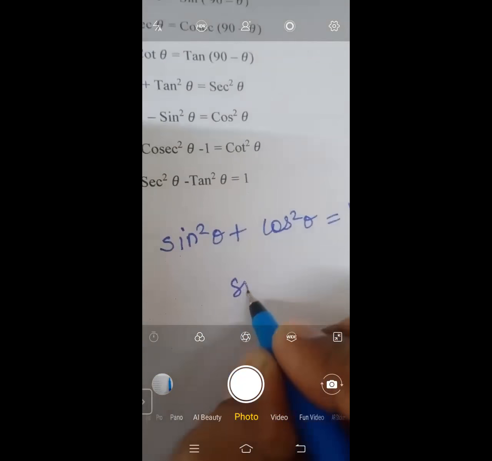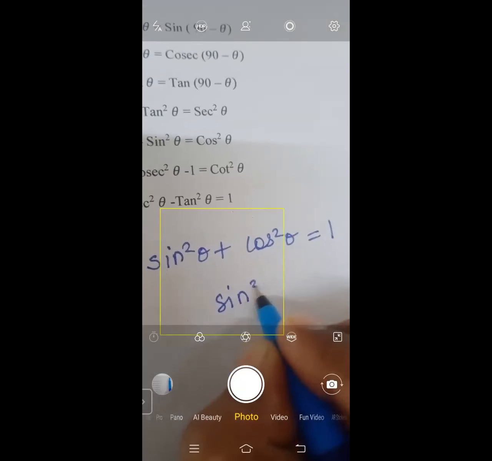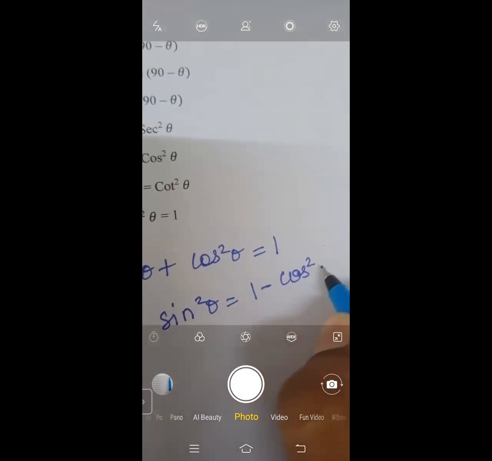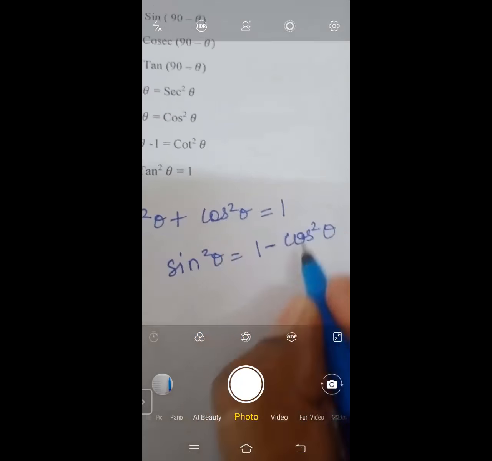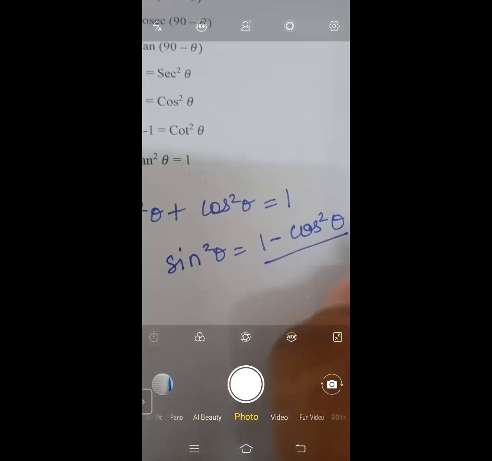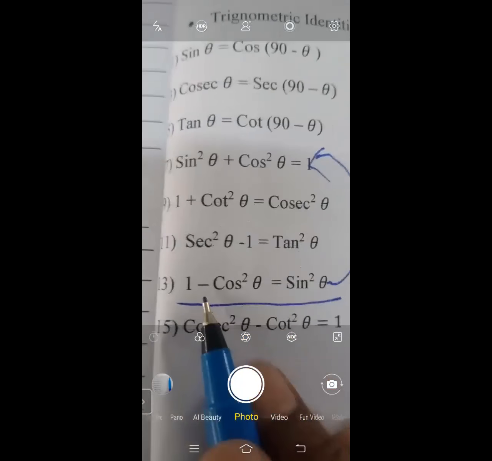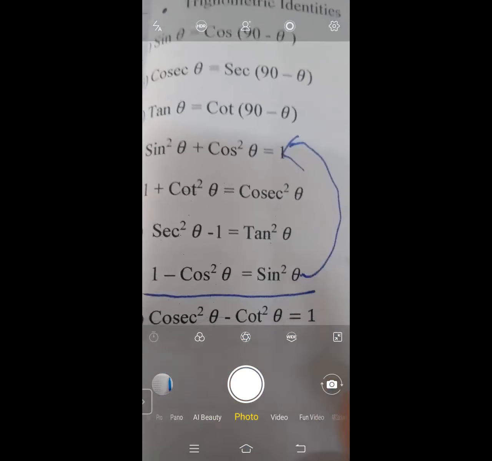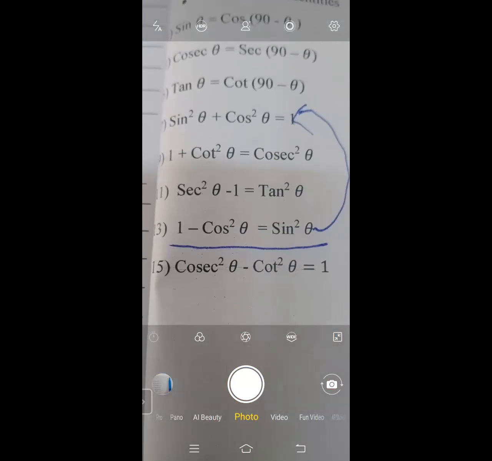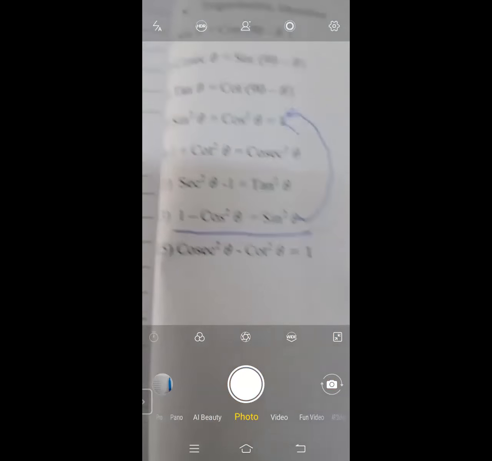So if I have to find the value of sin square theta and I know the value of cos square theta, I'm going to transfer this cos square theta from my LHS to the RHS, which will become 1 minus cos square theta. So you can remember this identity that 1 minus cos square theta is equal to sin square theta.